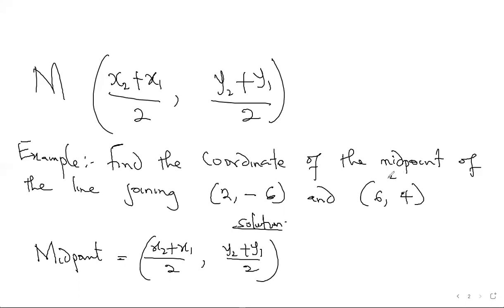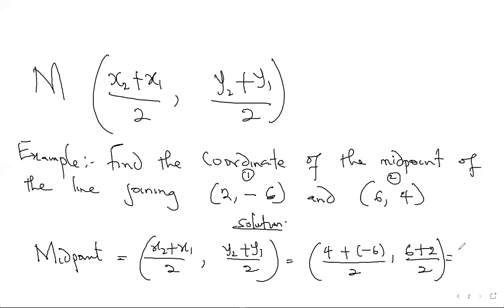If I call this my point 2 and I call this my point 1, that will be equal to y2, that's 4, plus y1, that's minus 6, all over 2, then x2, 6 plus x1, 2 all over 2.